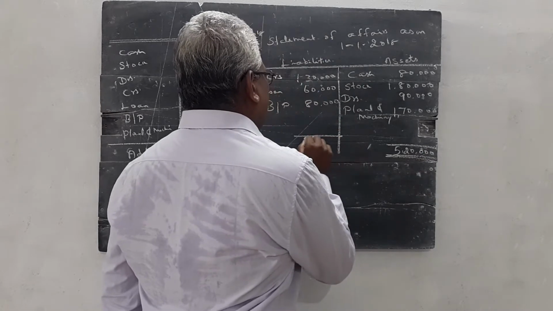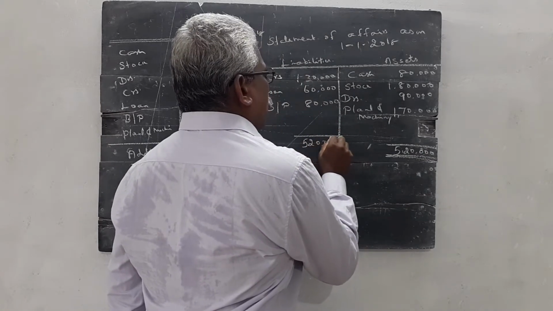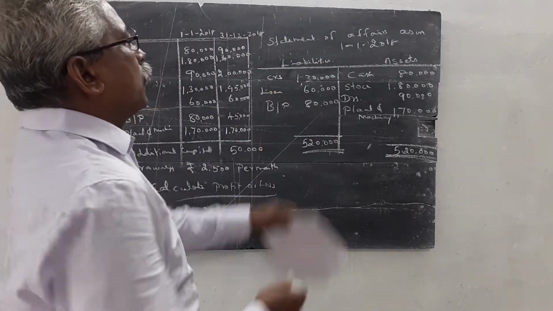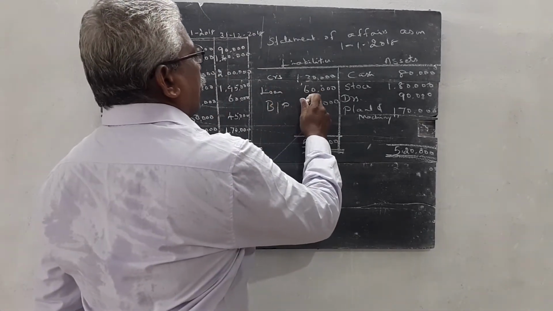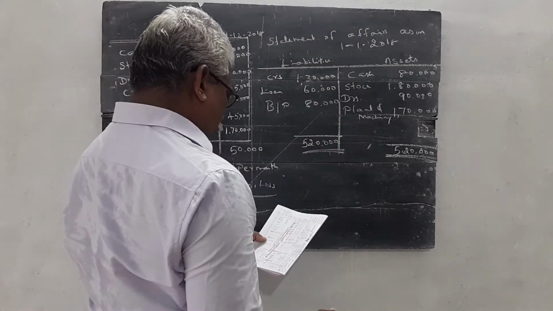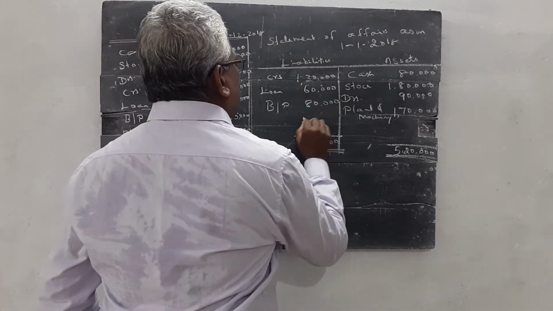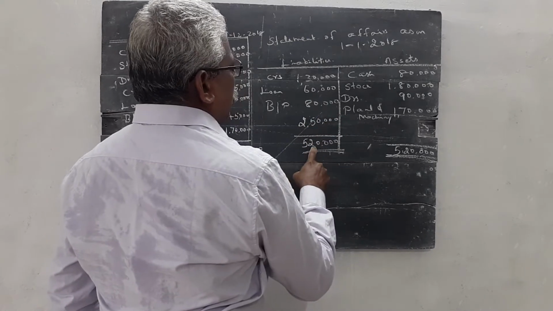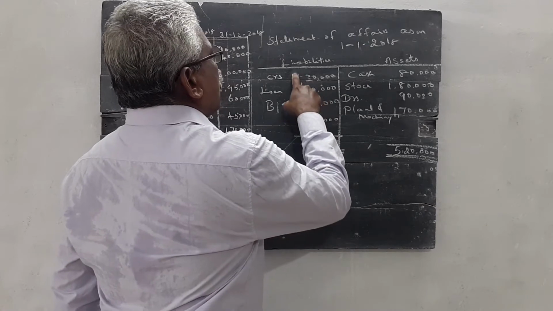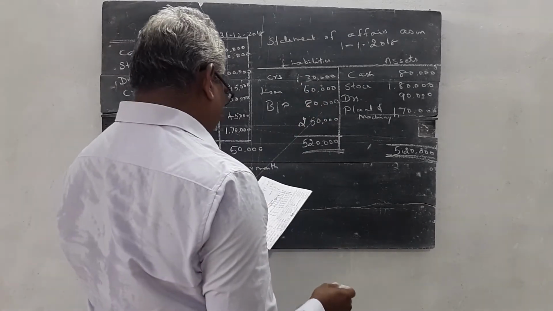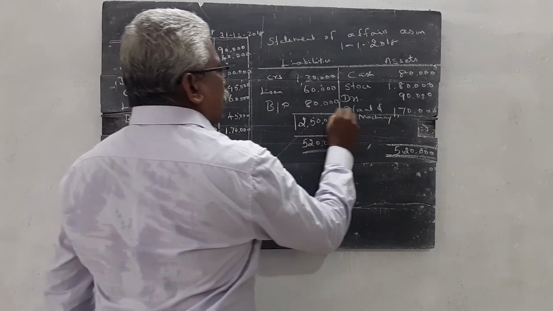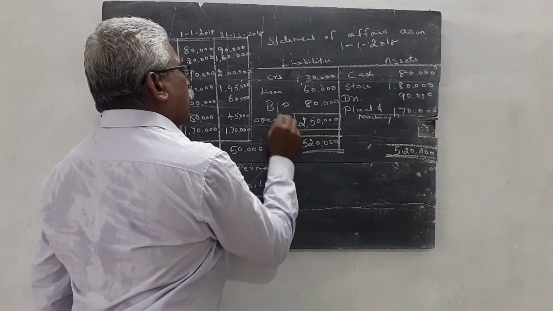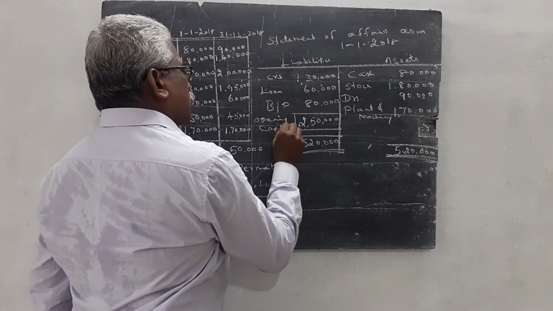The same 5,20,000 is entered here also. 5,20,000 minus these amounts, 1,30,000 plus 60,000 plus 80,000, 2,70,000, is equal to 2,50,000 rupees, which is the capital. 5,20,000 minus these amounts is equal to capital. This is the answer. So here we write opening capital.